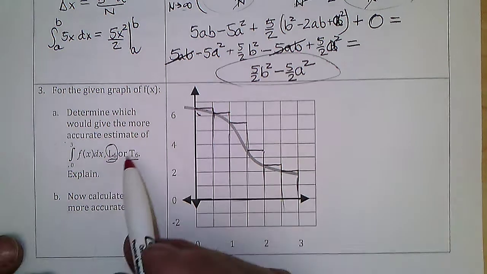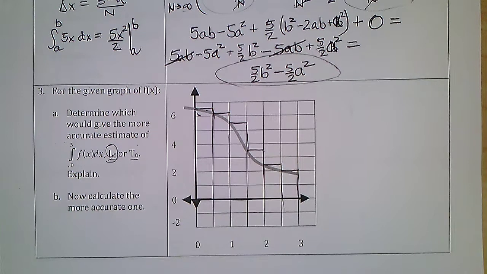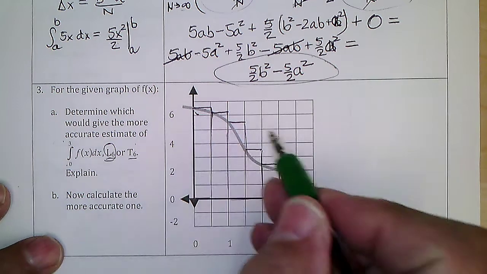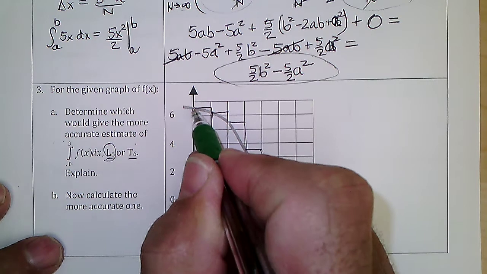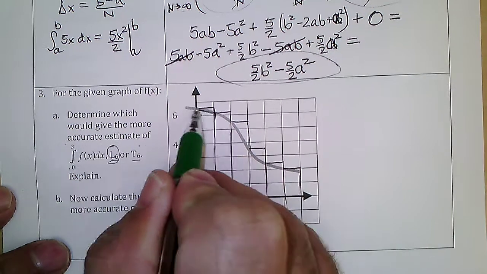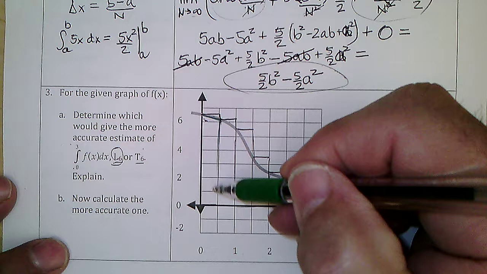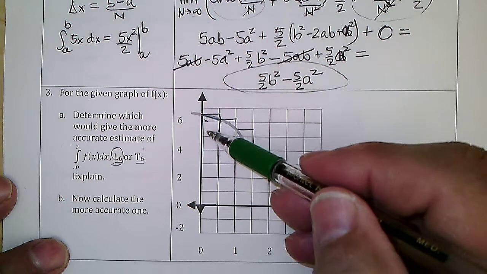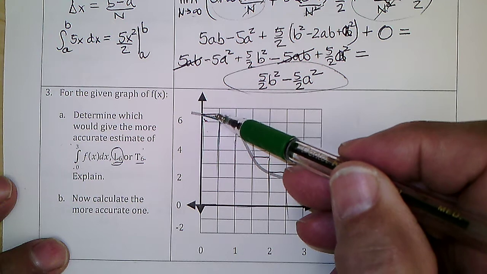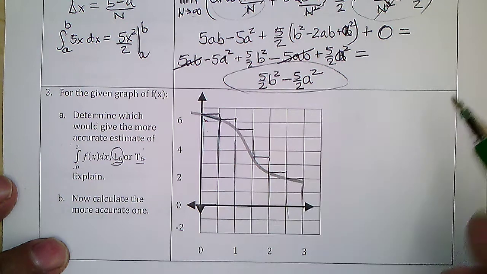Now, how does T6 work? Well, let's look at that. On a T, I'm doing trapezoid. So I'd go from the left height to the right height with a straight segment and do the rectangle that way. Clearly that's closer to the correct area under the graph than that. It's an underestimate, but it's not as much as the over is on that one.